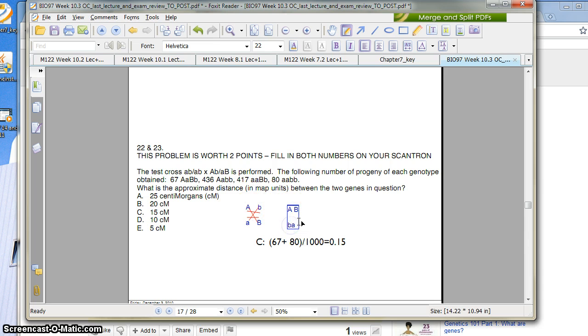Regardless, it still stands. This is what you'll get if they cross over. If this one pairs with a homozygous recessive, because it's a test cross, then the two recombinants will be the AB and the ab types.